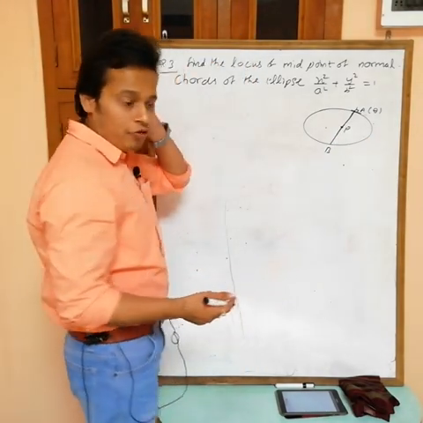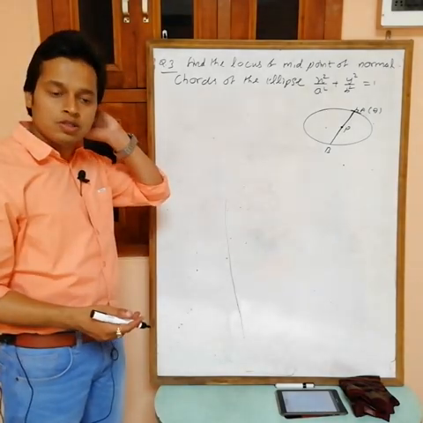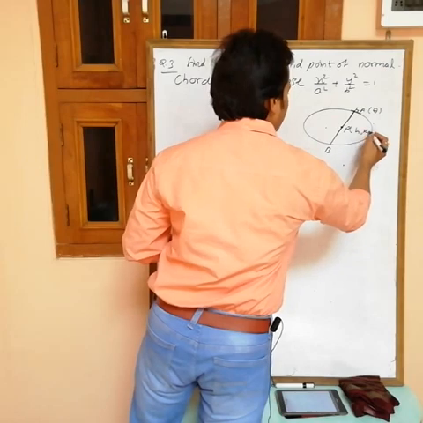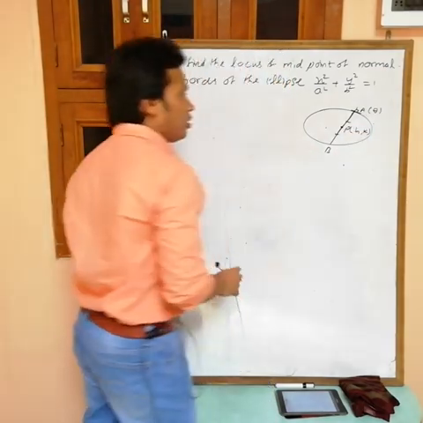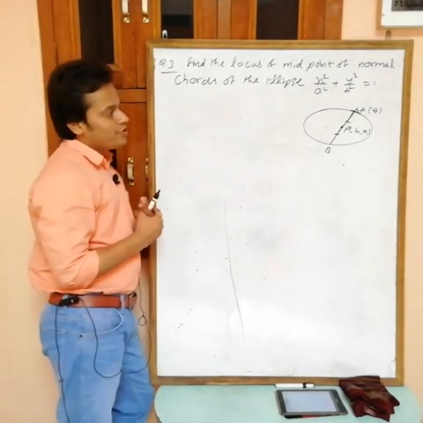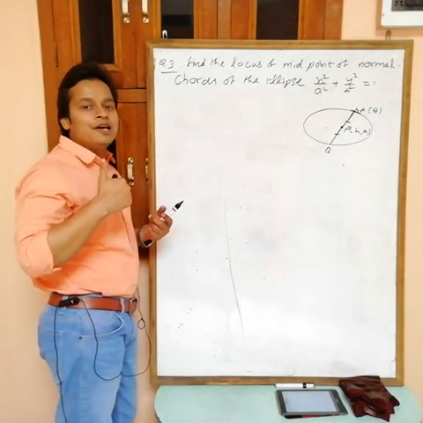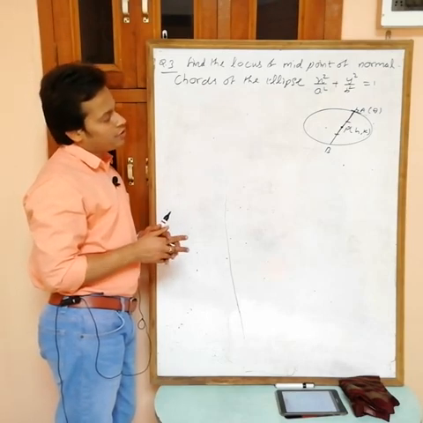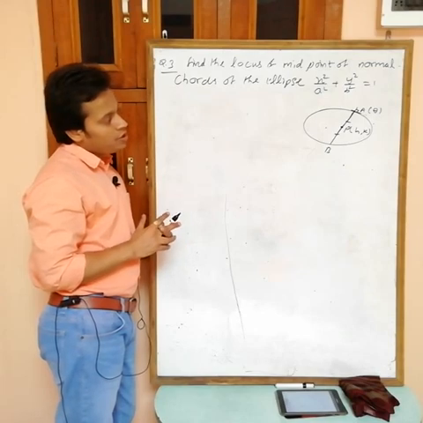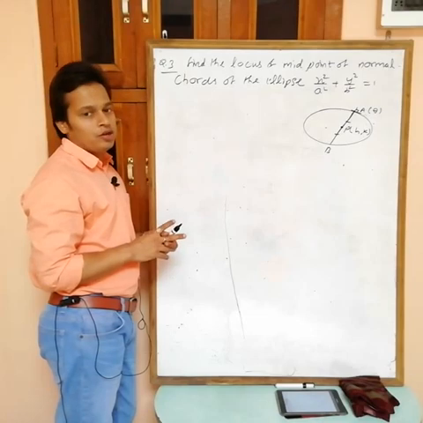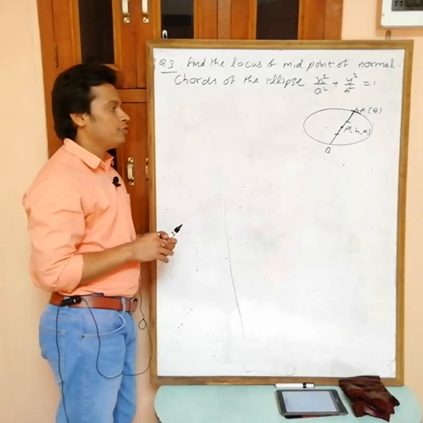Now simple. If you want to find the locus of any point, then what is the process? First assume the point h comma k, and this one is the midpoint. Now find the relation between h and k, and at the end replace h with x and k with y. Now how to get the relation between h and k? Here AB is a normal chord, it means normal to the ellipse, so I can find the equation of this one by using the equation of normal.